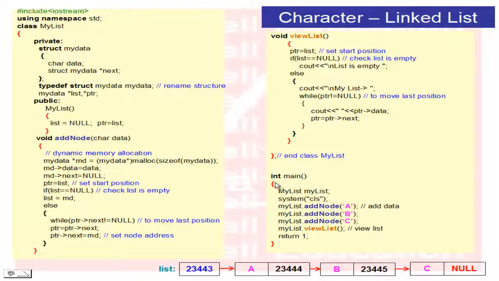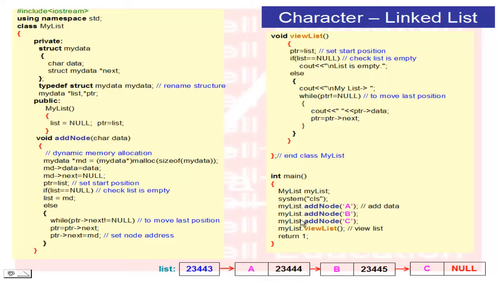Now check the main program. Okay, so this is the main function. Inside this main function I have created an object of the class MyList, named mylist. Then clear the screen by using system cls. Now I have called the mylist.addNode function to add character data, passing a.